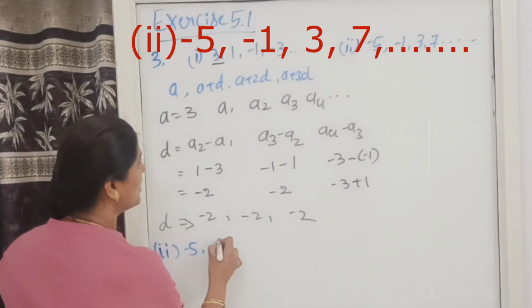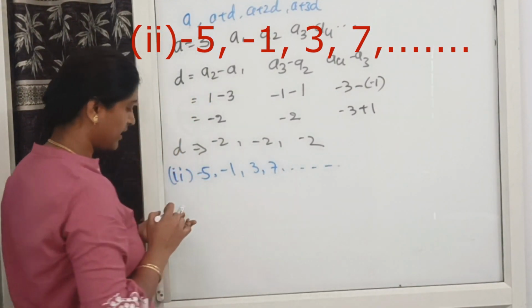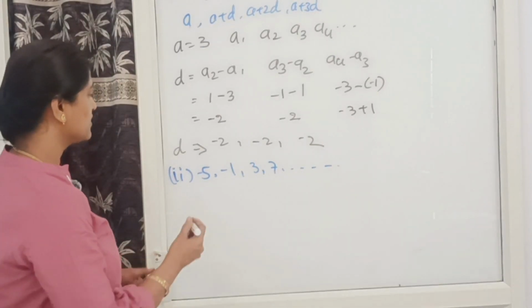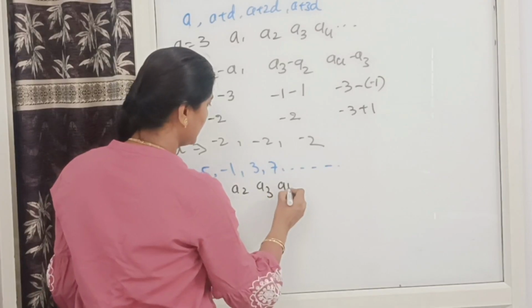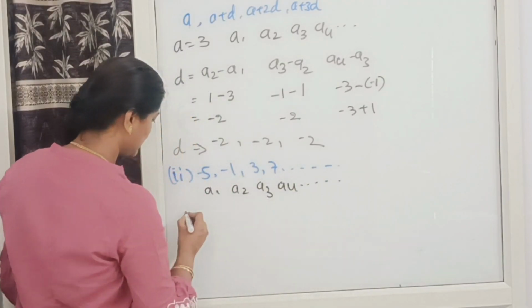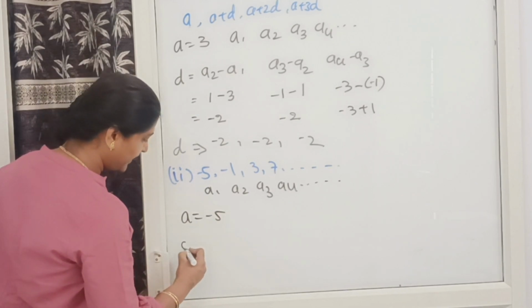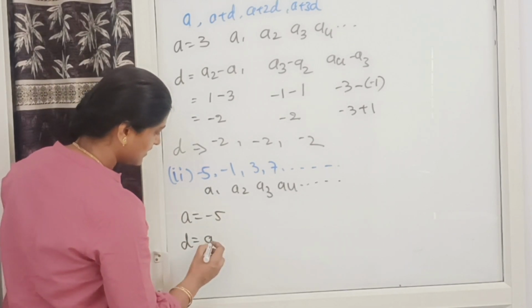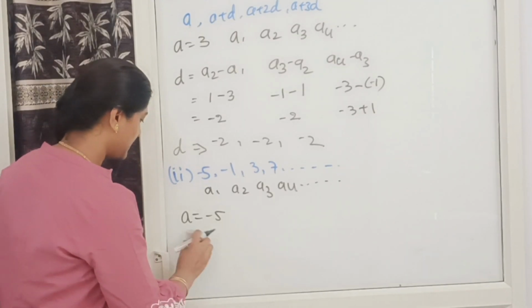Let us see the second one: minus 5, minus 1, 3, 7, and so on. So this is A1, A2, A3, A4. The first term is minus 5. And how to check D?